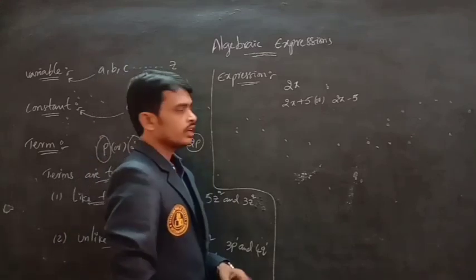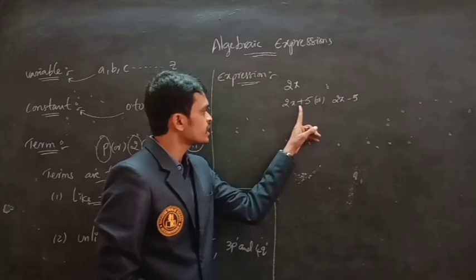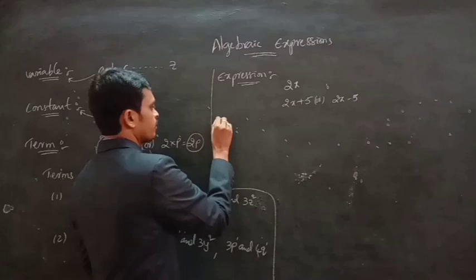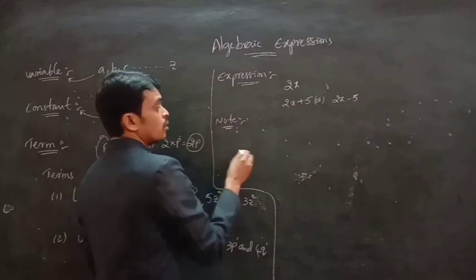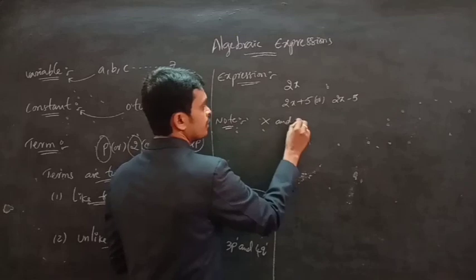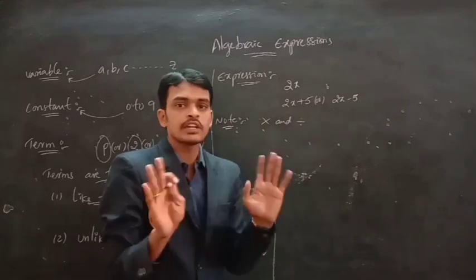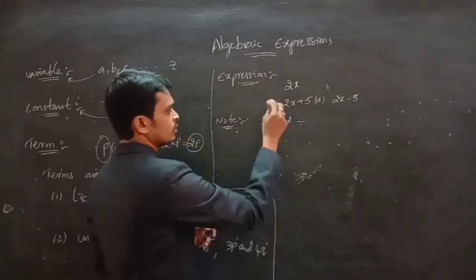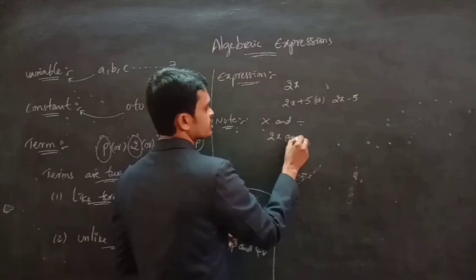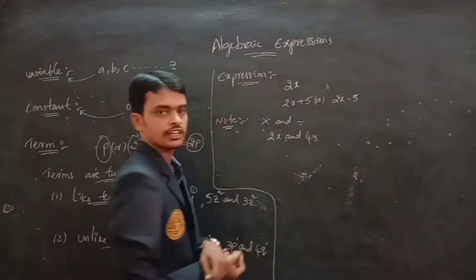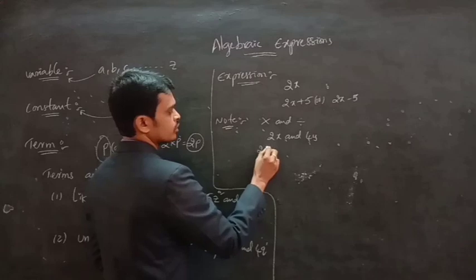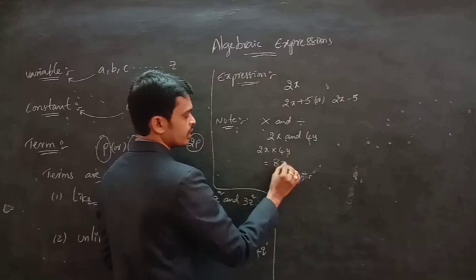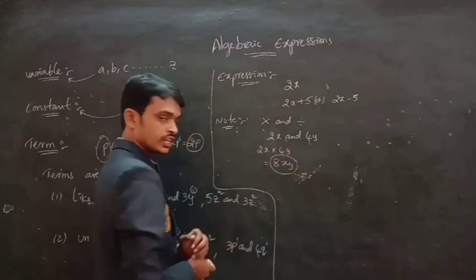Here the symbols plus and minus can separate terms, but one note: multiplication and division cannot separate terms. We treat them as a single term. For example, take two terms, 2x and 4y. Multiply them: 2x into 4y, 2 fours are 8, x into y, xy. So we write it as a single term.